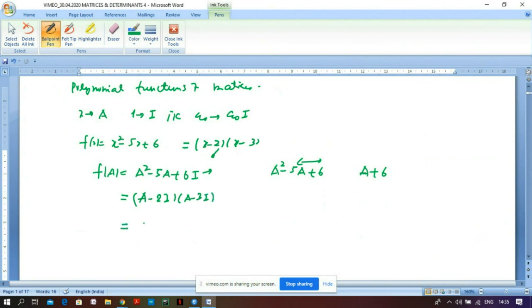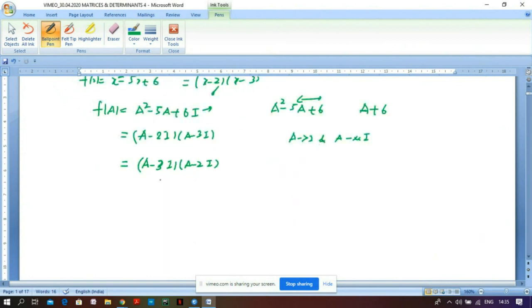What is more is that one can also write it as A minus 3I times A minus 2I. That is, they commute. We know that A minus lambda I and A minus mu I, we have done before, that they commute, because scalars commute, and of course this is only one variable, A, there are no two matrices. So we don't have to worry about that.